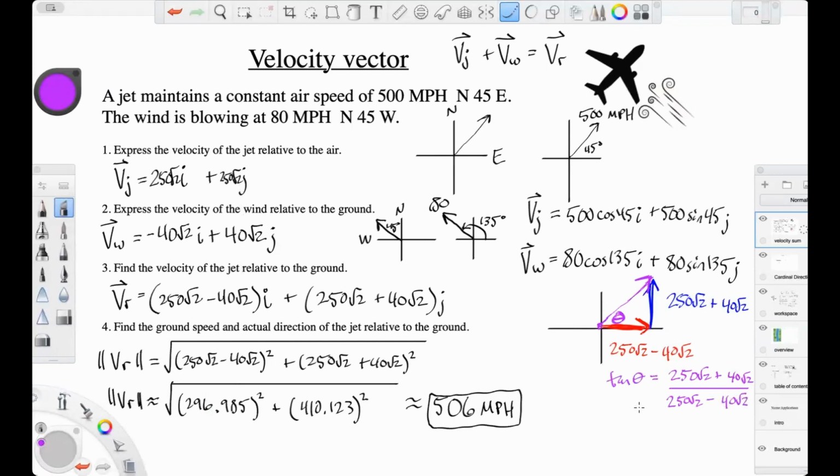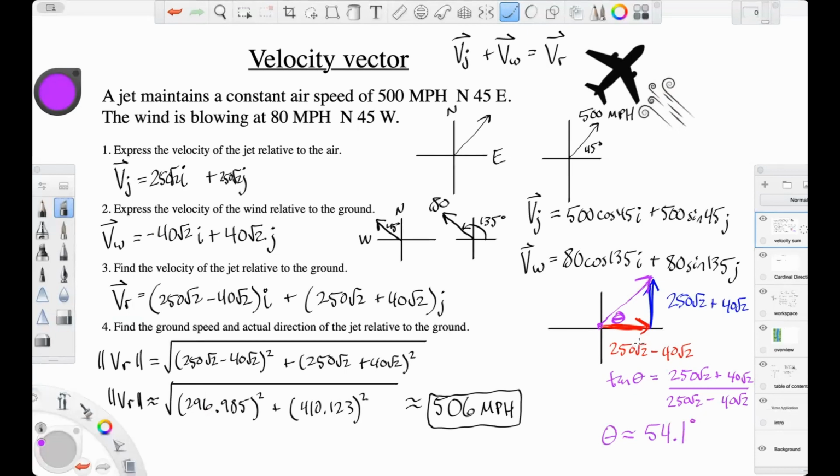And then I'll let my calculator run all this and take the inverse tangent. So that's going to be that 410 number divided by that 296 number. And then I'll take the inverse tangent of that, and I'll get a theta value of approximately 54.1 degrees.